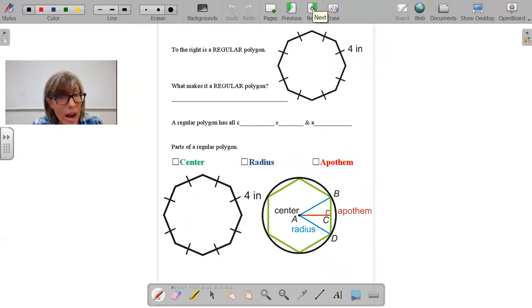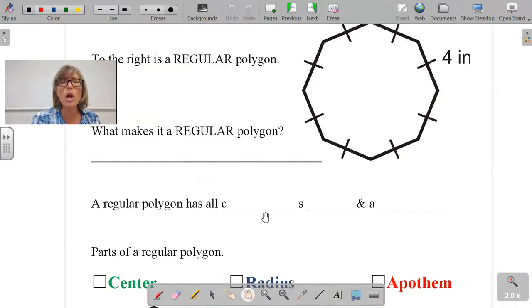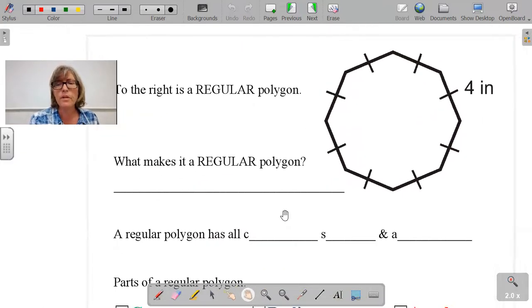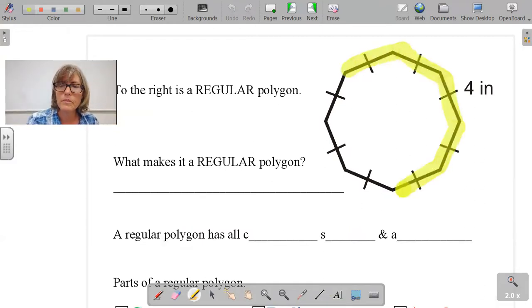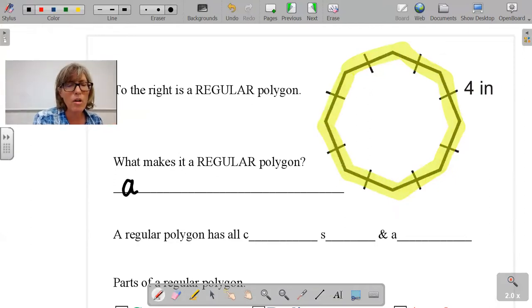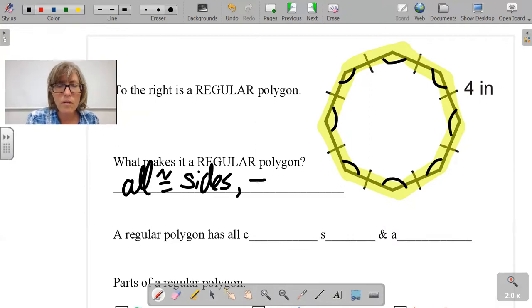Let's recap what a regular polygon is to begin with, because the rest of the lesson is going to be based on a regular polygon. The shape to the right is regular. I'd like you to trace it. You notice you have all congruent sides. By implication, it also means you also have congruent angles.